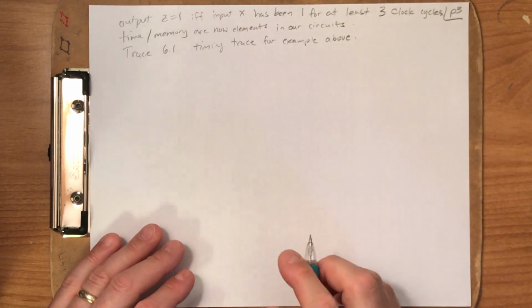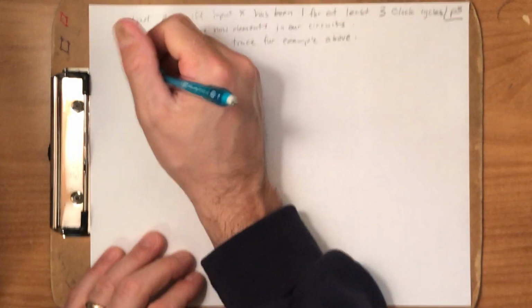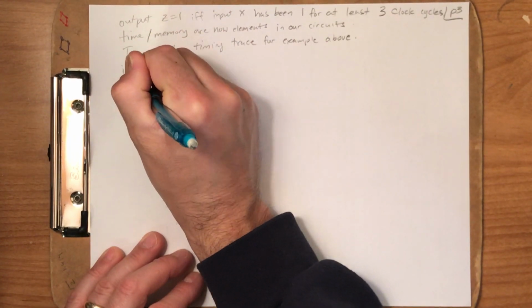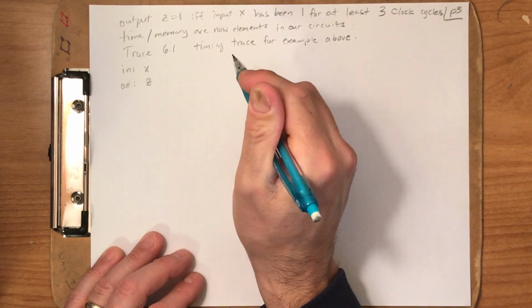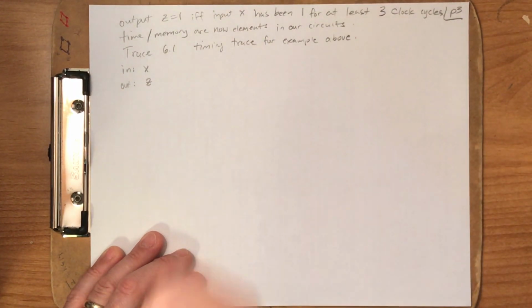So this is a timing trace for the example above. We're given a series of inputs, and we'll have to come up with the outputs and the states.